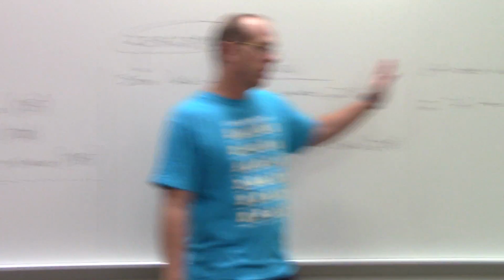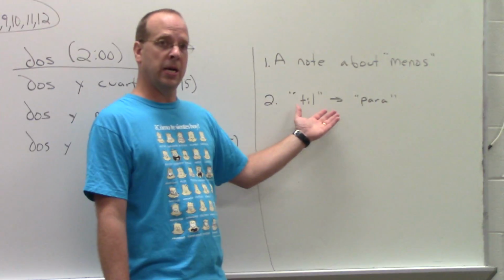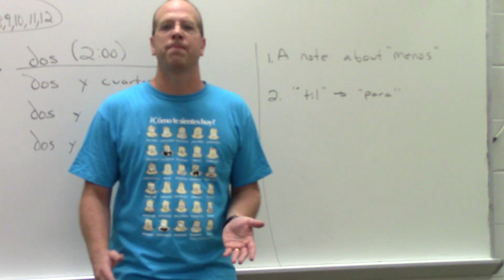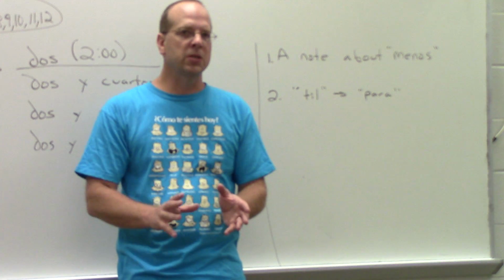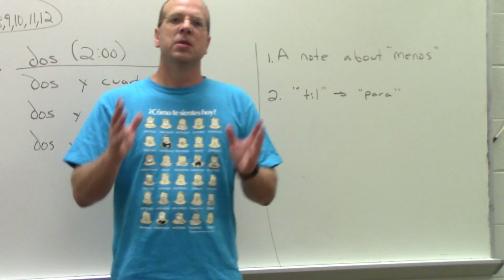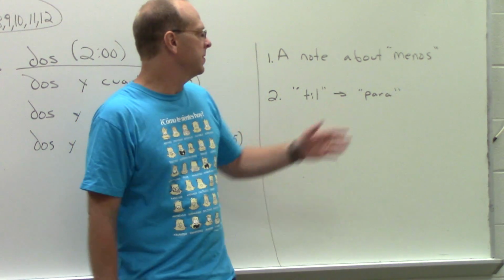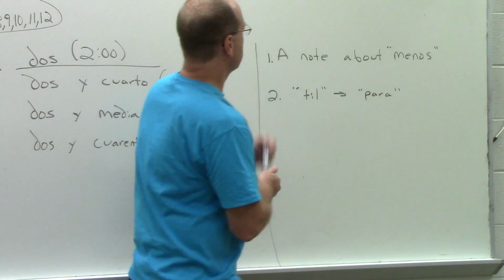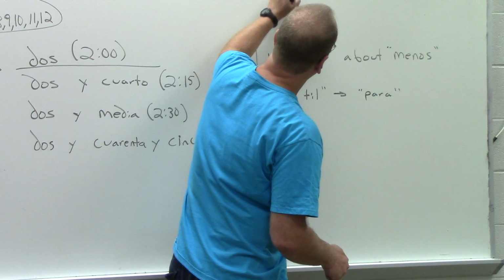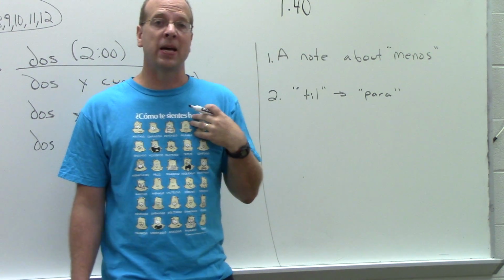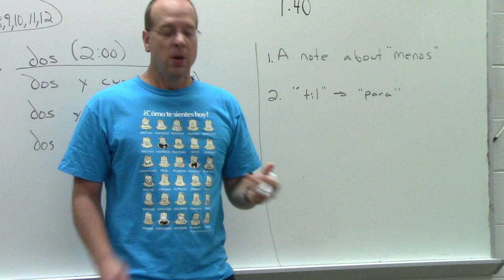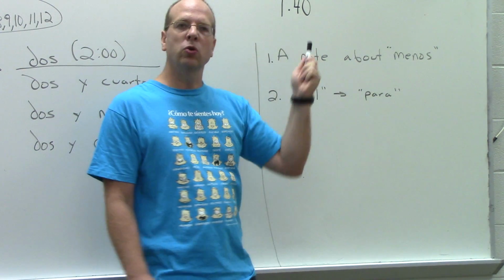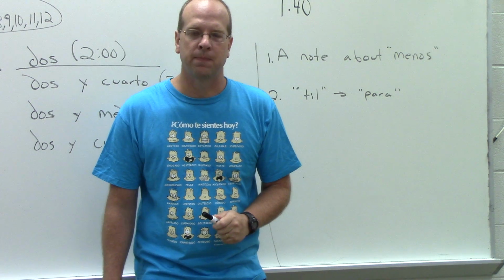Now we're going to move over because I have a couple of really important notes. A note about menos. Some teachers, and your book is going to do this, you're going to hear it in your readings, really like to emphasize this menos. So if you have a time, like say 1:40, you're going to hear me say, es la 1:40. But some teachers are going to tell you, son las 2 menos 20.